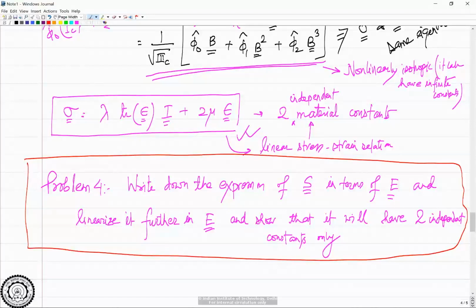So you have phi in terms of IC, 2C, 3C, so you'll have to also linearize them in terms of E. Everything has to be written in terms of E, and just keep the linear term and forget about all the higher order terms. And when you club all the linear terms together, you have to show that that final expression has got only two constants.